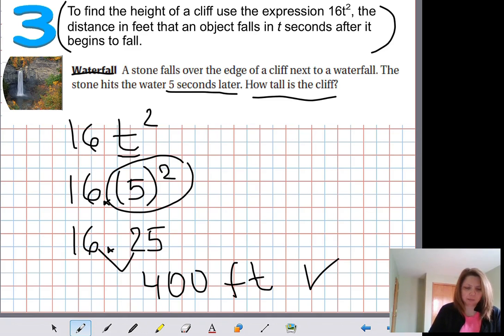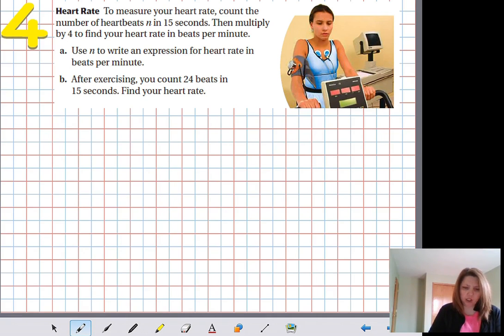Okay, another example. To measure your heart rate, count the number of heartbeats in 15 seconds. Then multiply by 4 to find your heart rate in beats per minute. So for part A, it says use n to write an expression for heart rate in beats per minute.